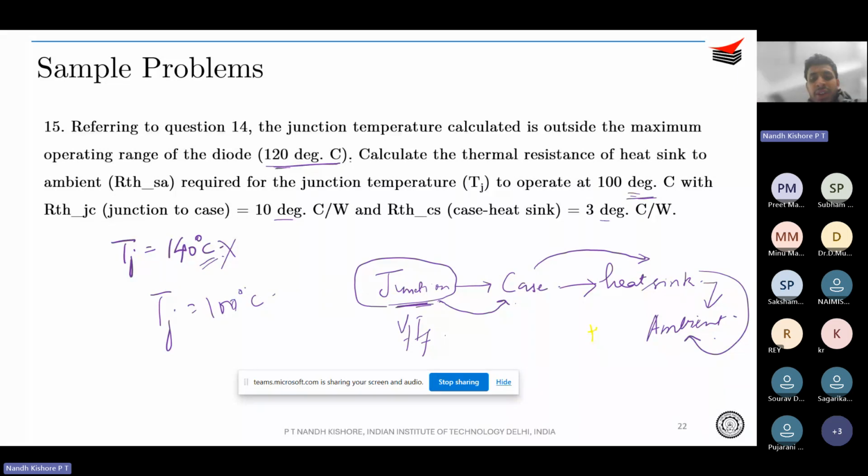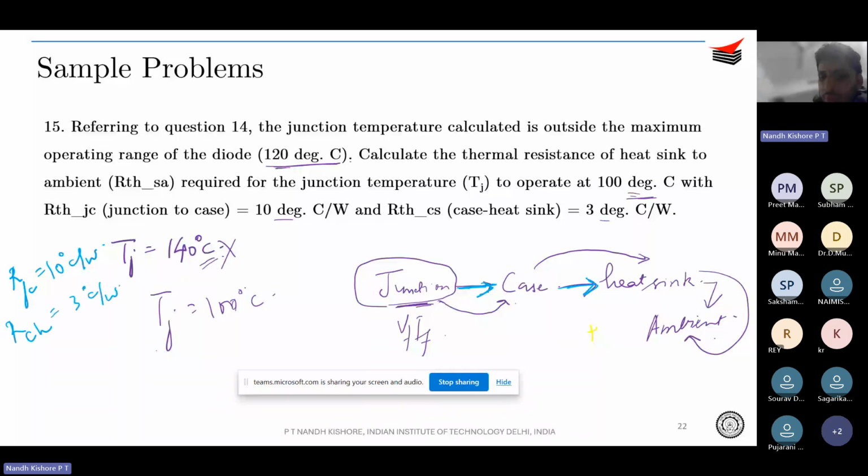Here they have given what is the R theta for each of these stages. Let me take a different color. They have mentioned that R theta junction to case is 10 degree per watt. Then case to heat sink is 3 degree per watt.